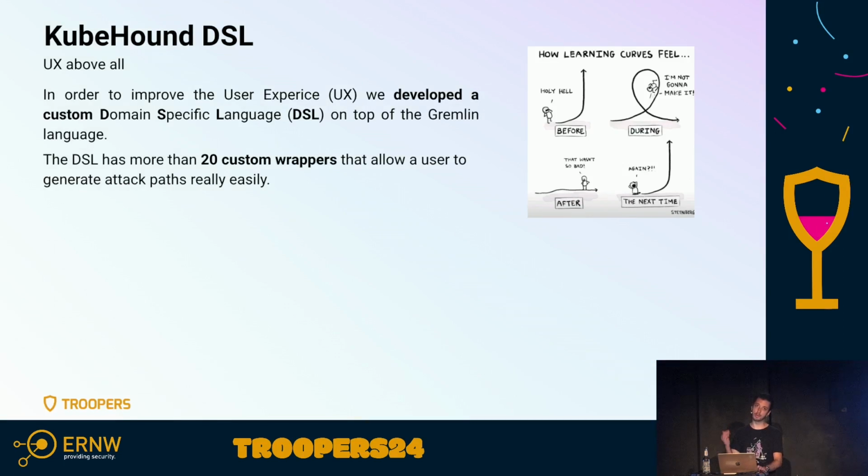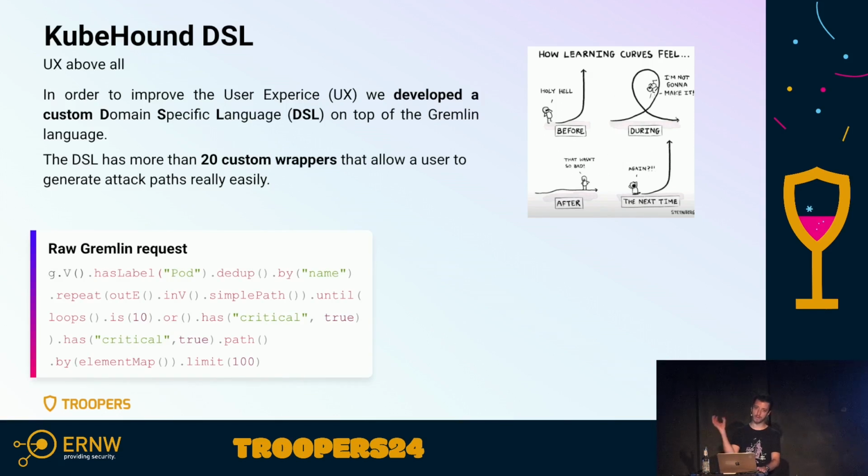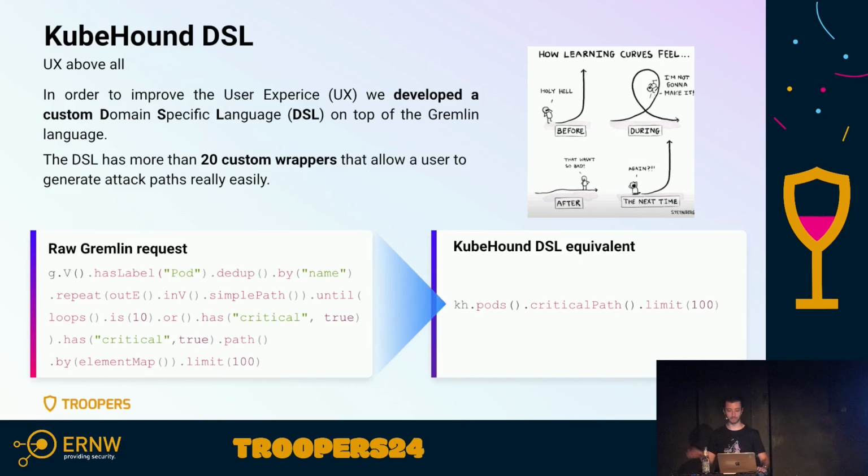So we decided to develop our own domain-specific language to have a learning experience that is not as hard as just learning Gremlin, because trust me, it is hard. The goal is to take those huge Gremlin requests that are really complicated and get something really easy that is a lot more obvious to you. For instance, you just say, okay, I want the pods.